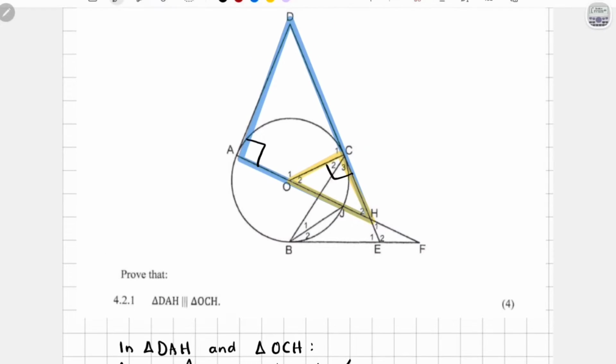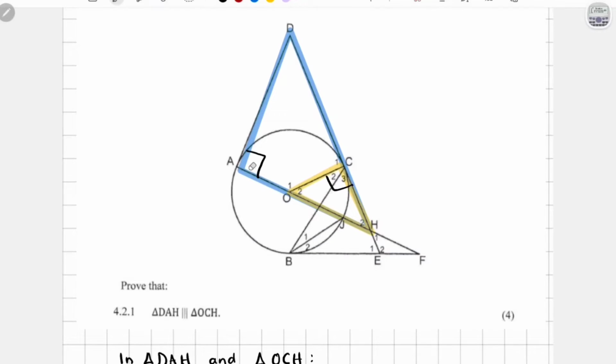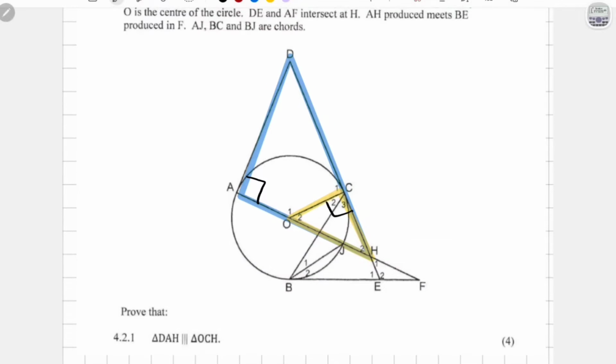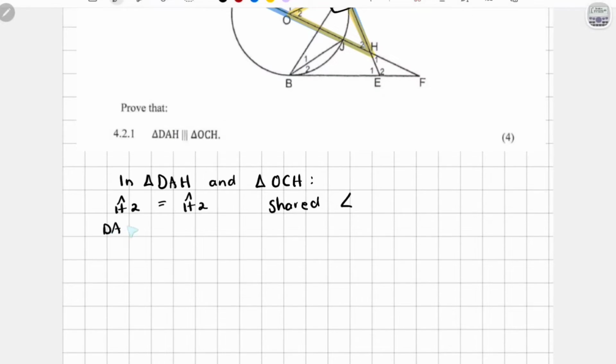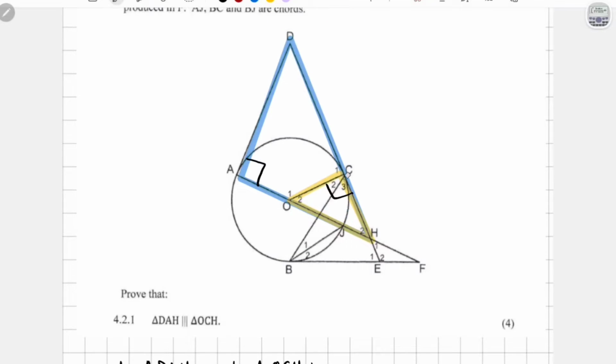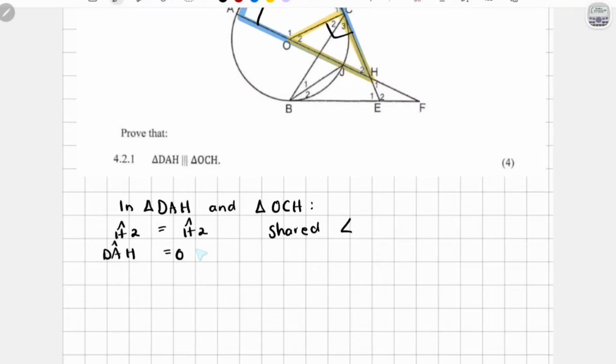Then the next one that we know is equal is this one that we just found. I can't call it angle A because you have to name it properly, so I'll call it angle HAD or DAH. So angle DAH is equal to this angle OCH, that 90 degree angle. And I can further say that they're both equal to 90 degrees.